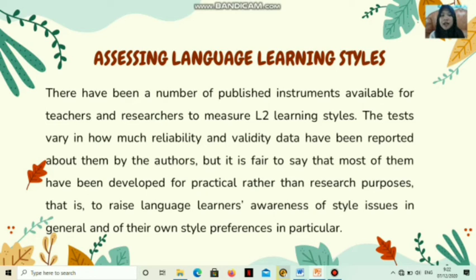The tests vary in how much reliability and validity data have been reported about them by the authors. But it is fair to say that most of them have been developed for practical rather than research purposes. That is, to raise language learners' awareness of style issues in general and of their own style preference in particular.